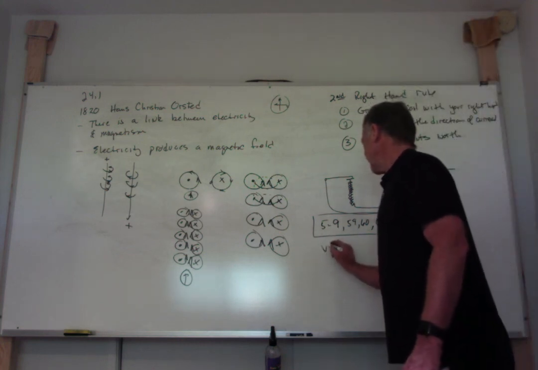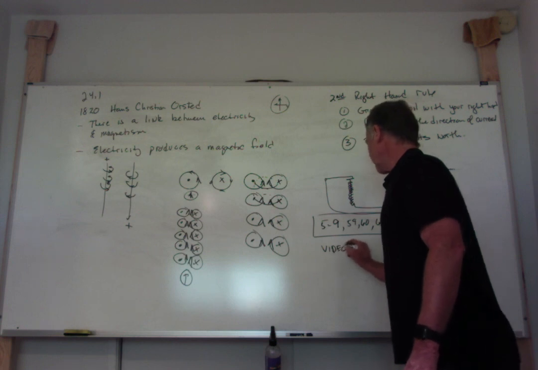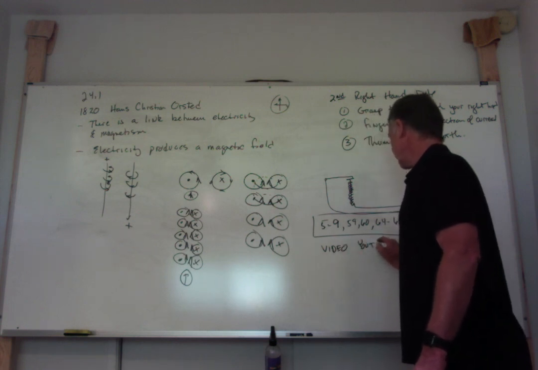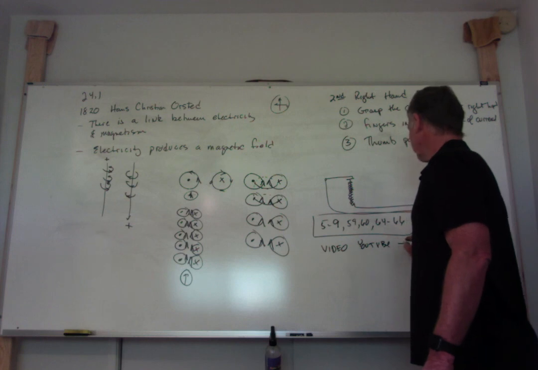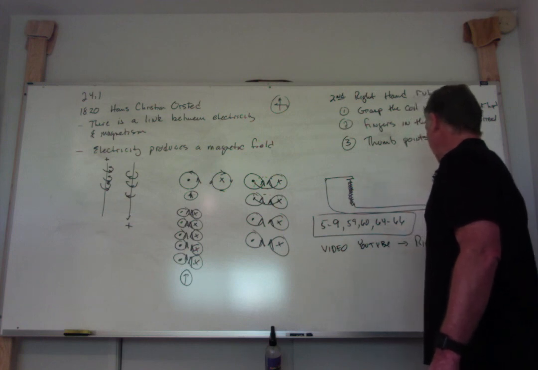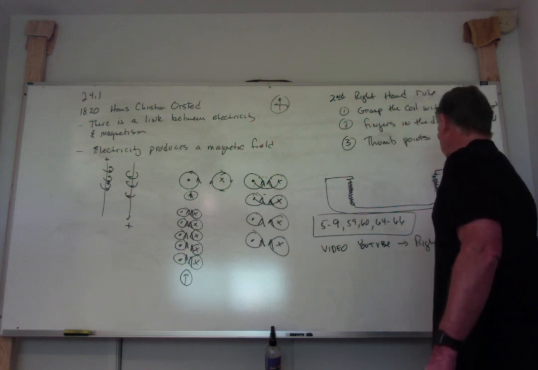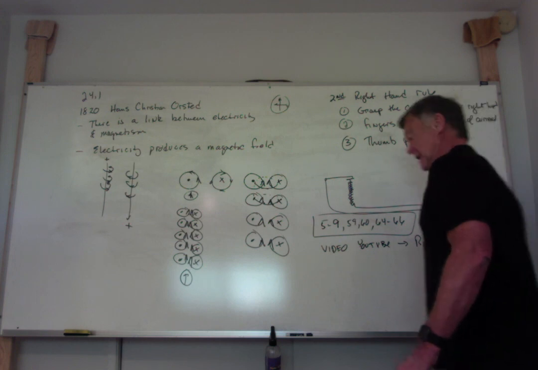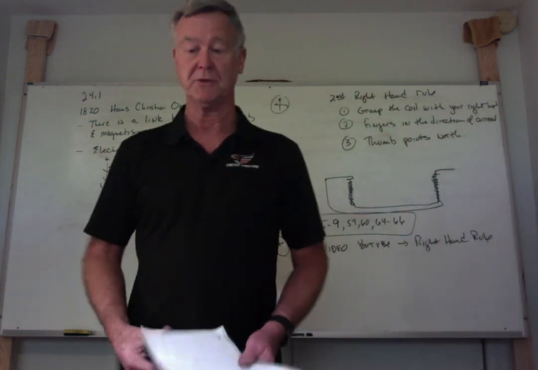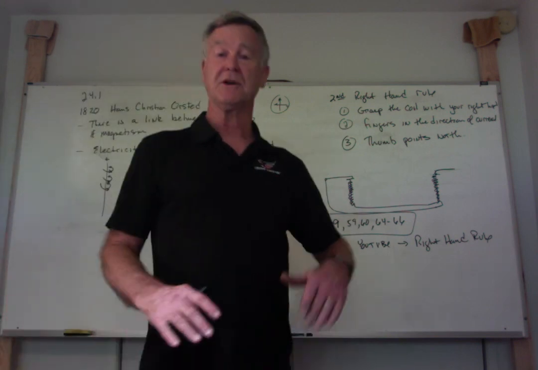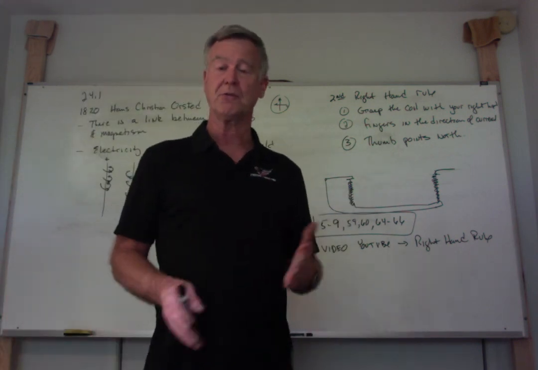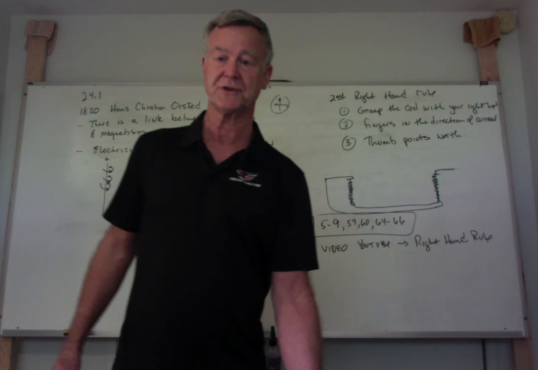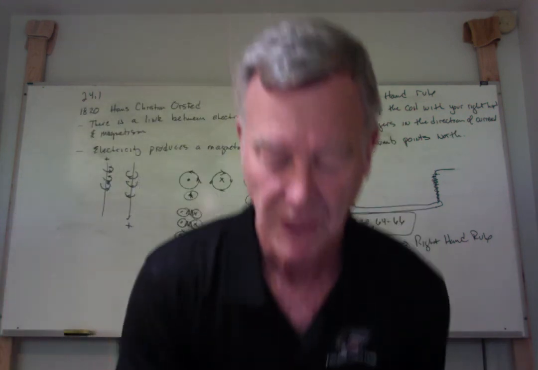And there's a video that I want you to watch. It's a YouTube video, and it's on the right-hand rules. That's because he's able to show you the right-hand rules much better than I'm able to show you. The other thing is, he'll go on to the third right-hand rule. Go ahead and watch it, and then in the next video we'll talk about our third right-hand rule.